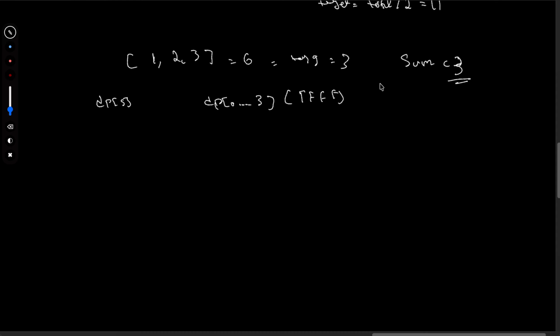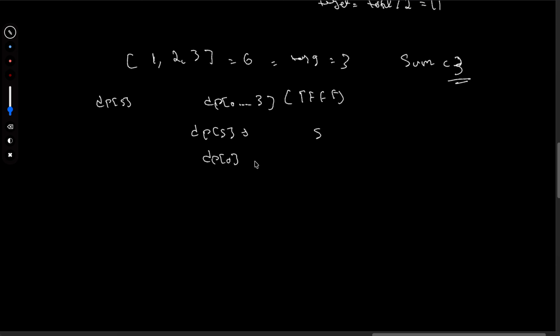First we create the DP array in tabulation. First we understand. DP of sum: can we make the sum, yes. DP of 0 means true, the empty subset.